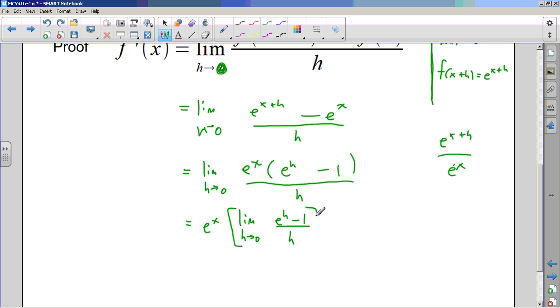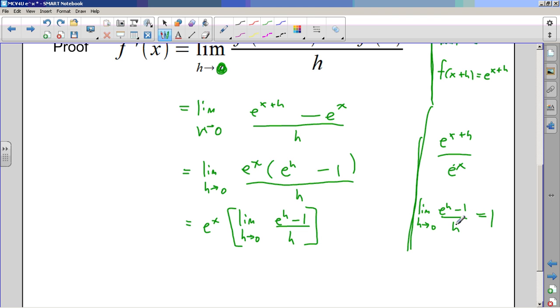Now, this whole argument hinges on this limit. And what I'm going to do is a separate video explaining in detail why this is 1. Okay? And if you don't care why it's 1, if you're just going to remember it, then fantastic.